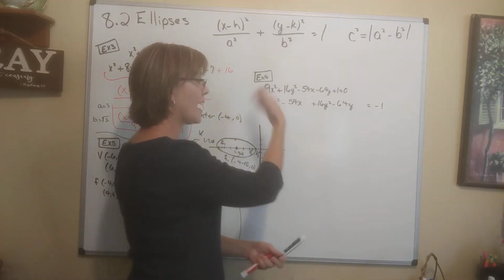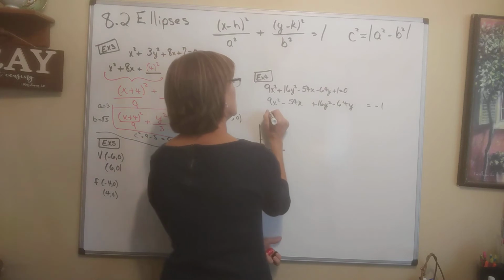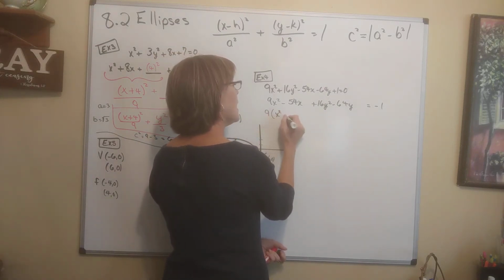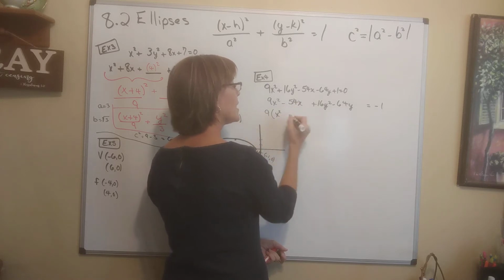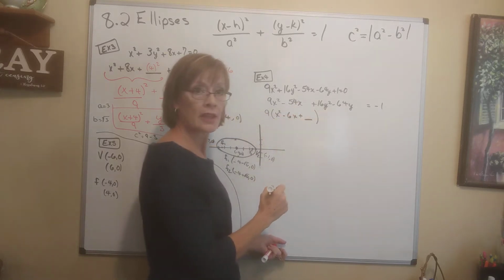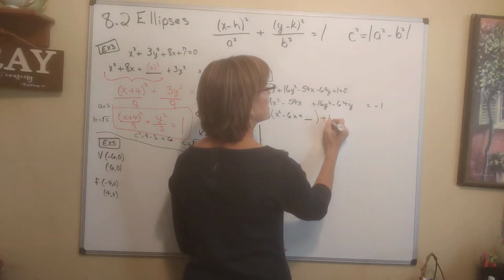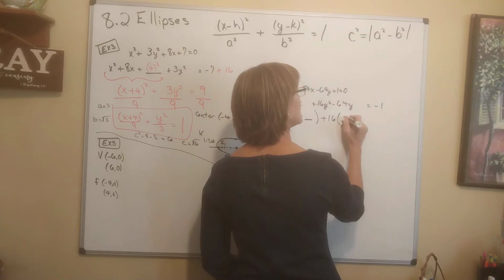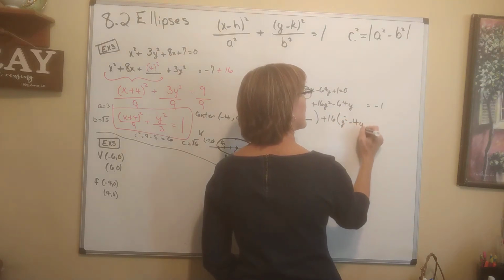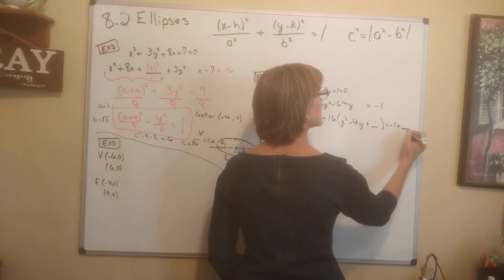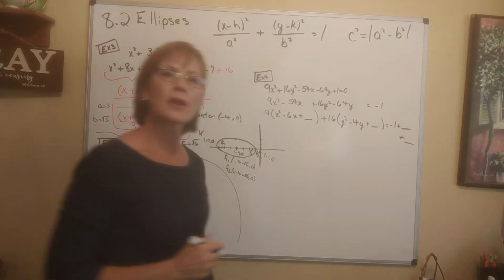So what we have to do here is factor that out for now. So if I factor out the 9, I'm left with x squared, 54 divided by 9 is like minus 6x, and here is where I'm going to add my special thing, plus 16, factor him out. That leaves me with y squared minus 4y, plus I'm going to add my special thing, negative 1 plus whatever I added to keep my equation balanced.